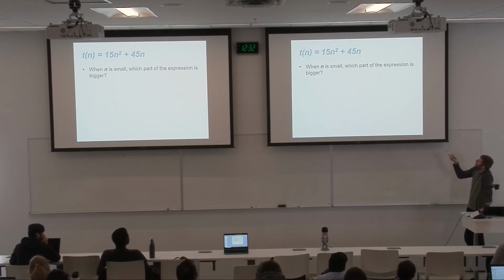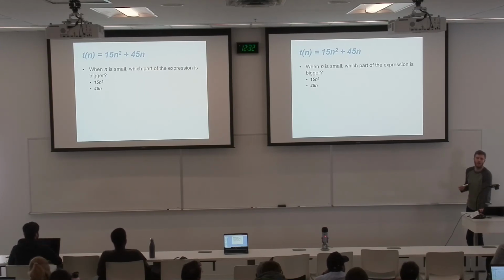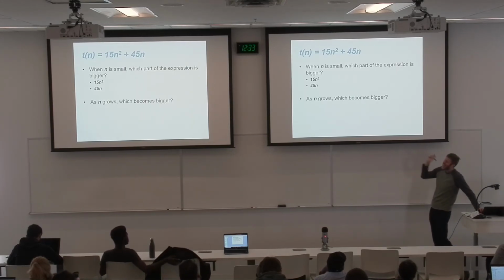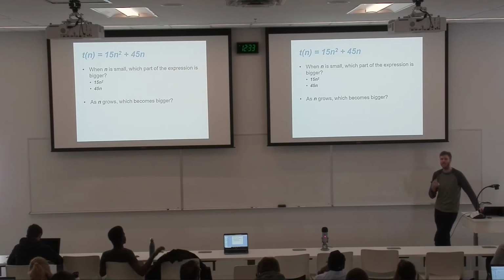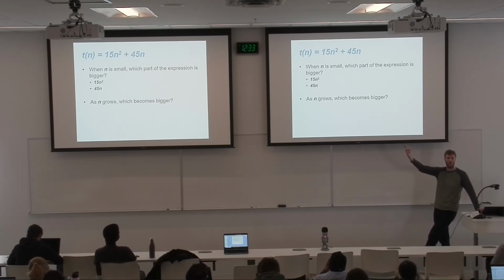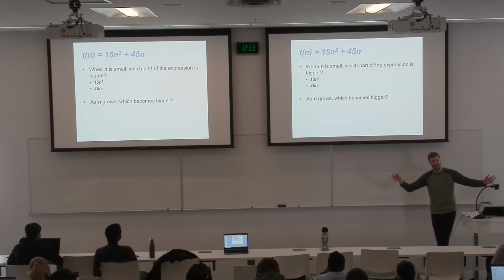So when n was small, let me put it this way. Let's say n is 1. Which term was bigger? 45n. But that's just a consequence of the small numbers. As n grows, and a lot of times we care about n when n is arbitrarily large, we like to think about it in terms of, let's pretend n is like a bajillion.